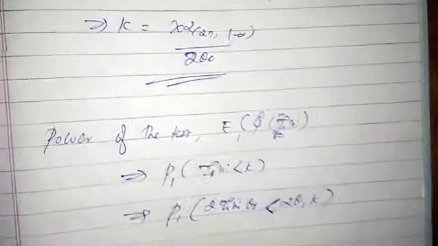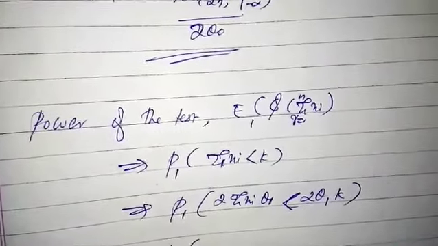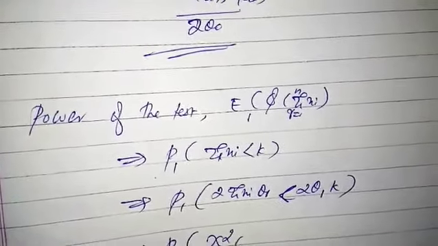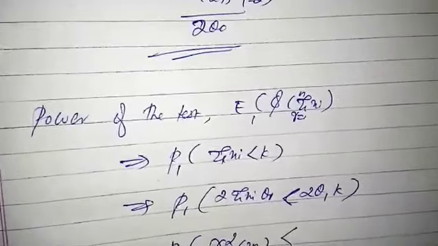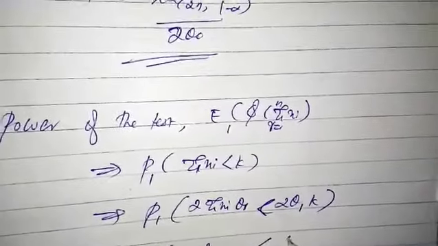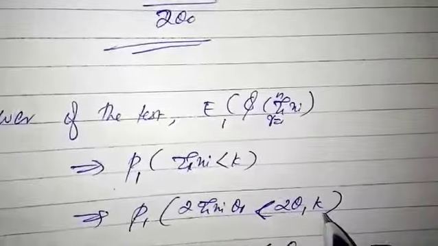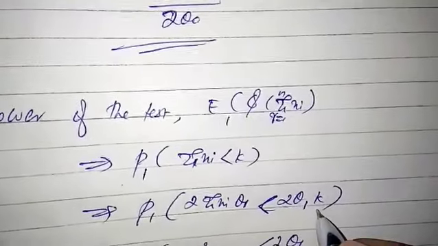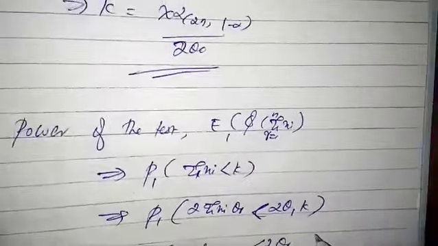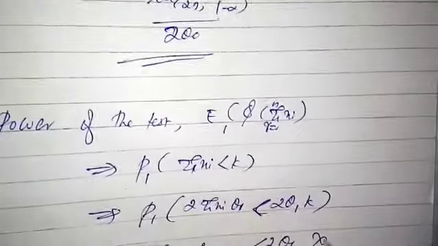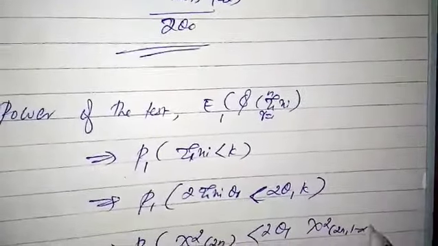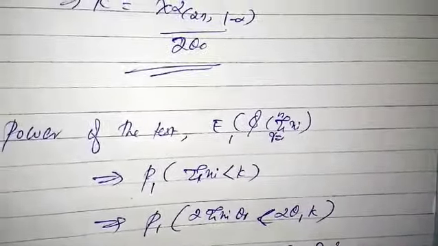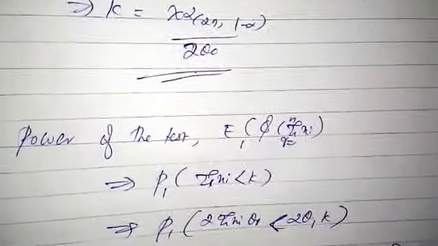Which implies the probability that this is chi-square 2n, which is less than 2 theta 1 times k. Then what is the value of k? k is chi-square 2n, 1 minus alpha, divided by 2 theta naught, right?